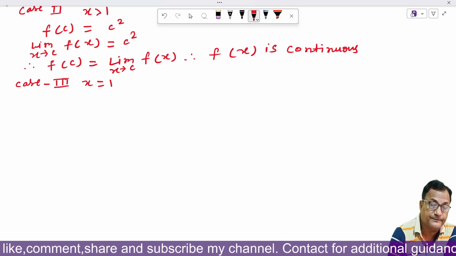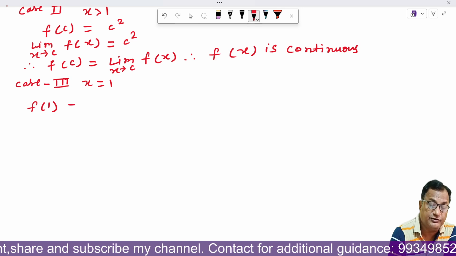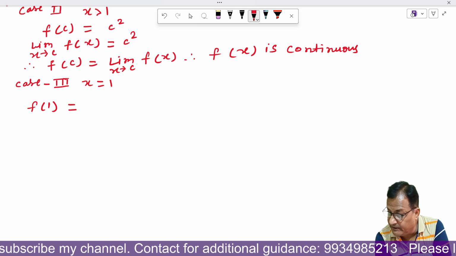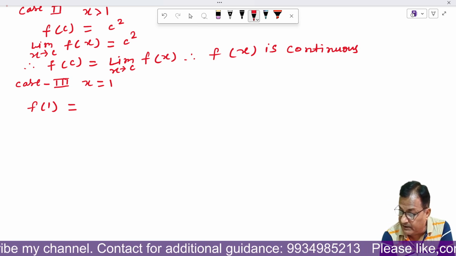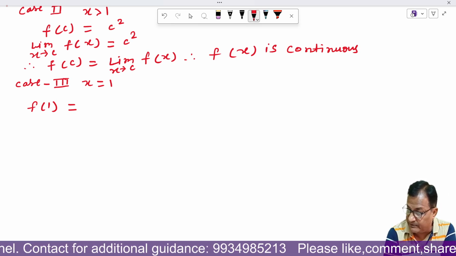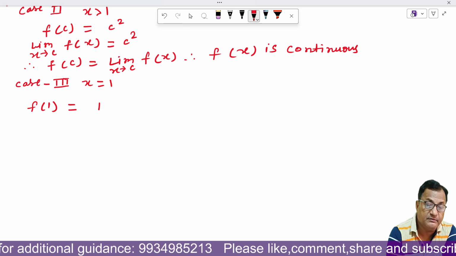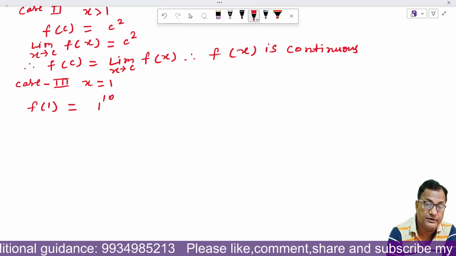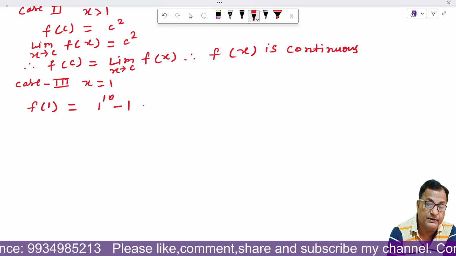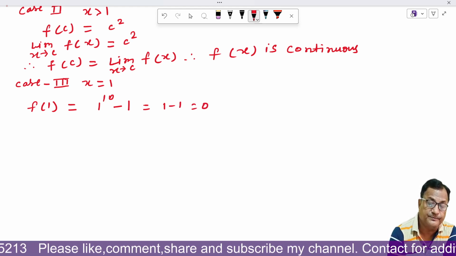So f(1), when x is 1, the function is x to the power 10 minus 1. So 1 to the power 10 minus 1, means 1 minus 1, is equal to 0.